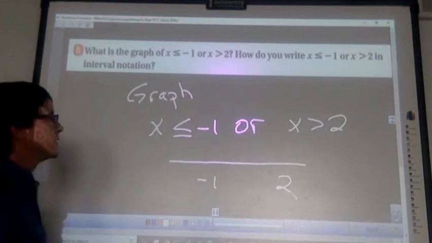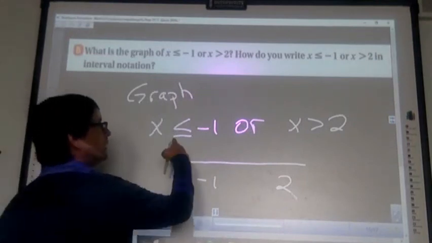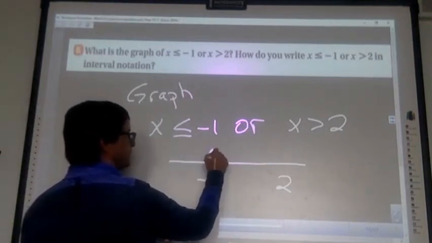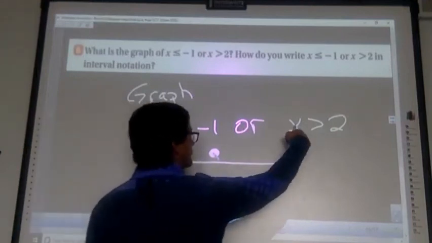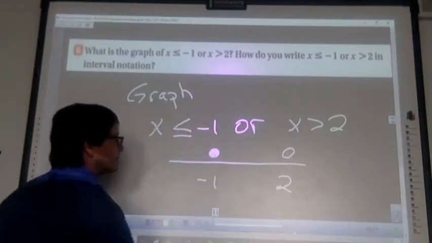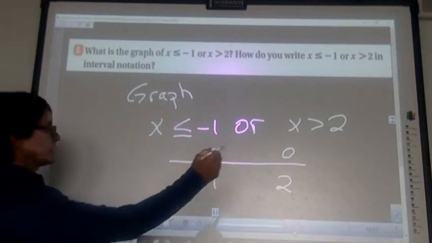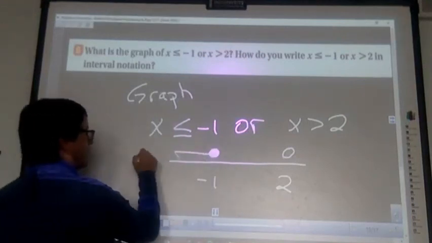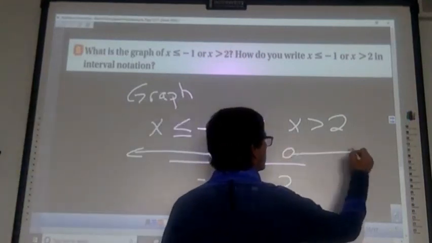So I have -1 and 2. -1 has closed dot. 2 has open dot. It's an or, so the arrows point to the outside.